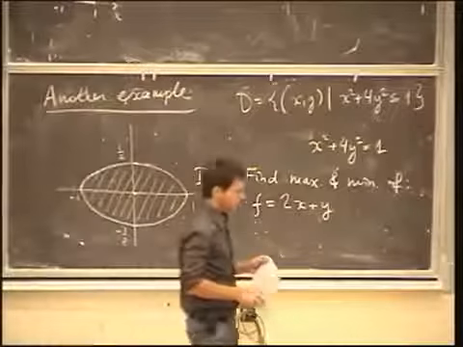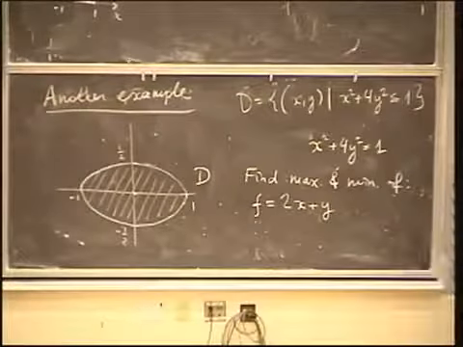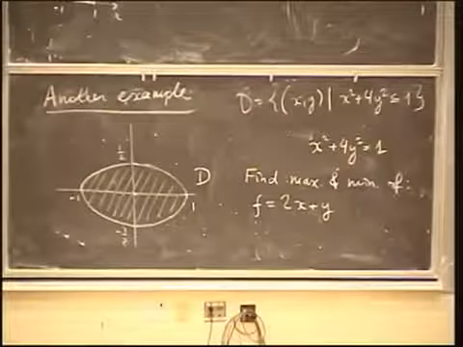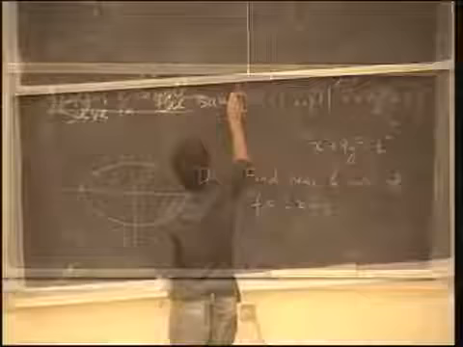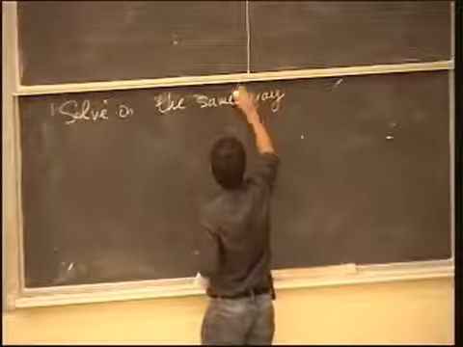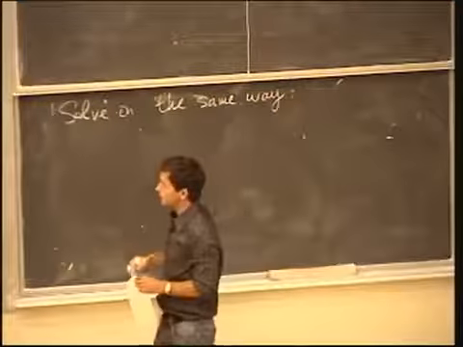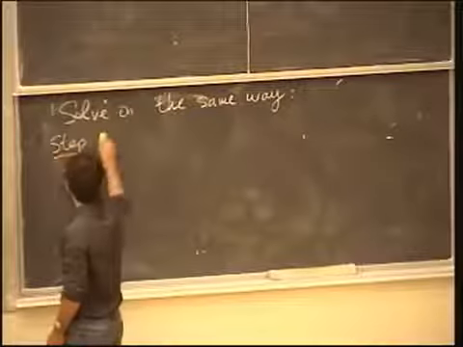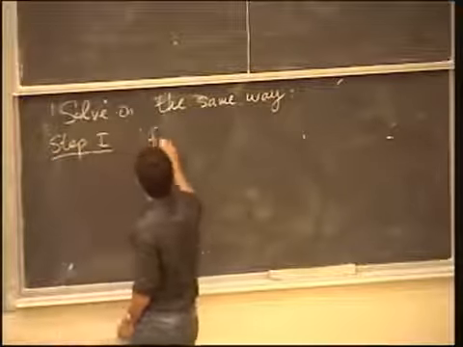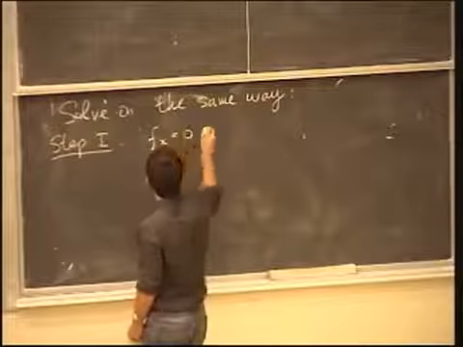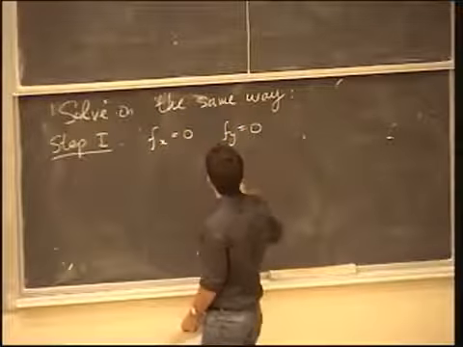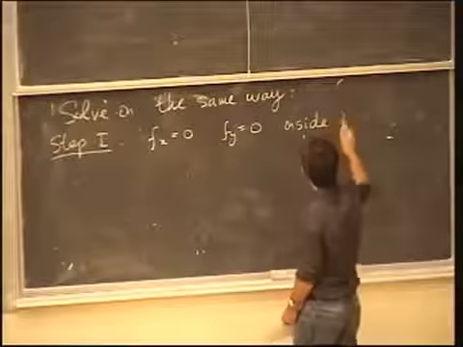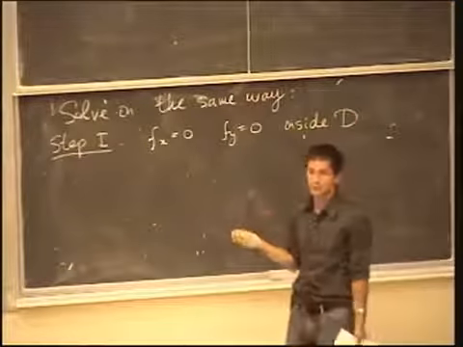Well, you approach it in exactly the same way. Solve it in the same way, meaning that the first step would be to set f_x equals 0 and f_y equals 0, and find all the points inside the domain D which satisfy these two formulas.